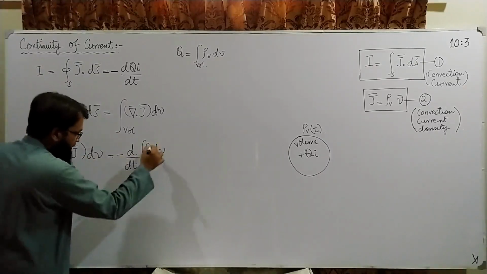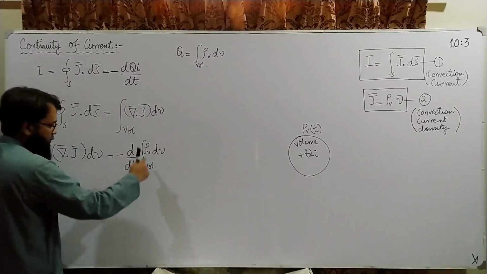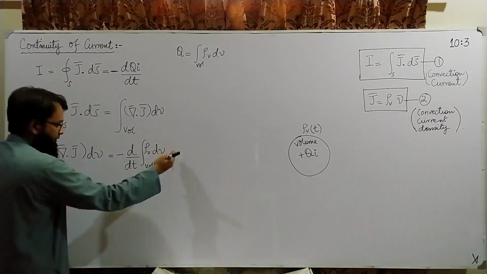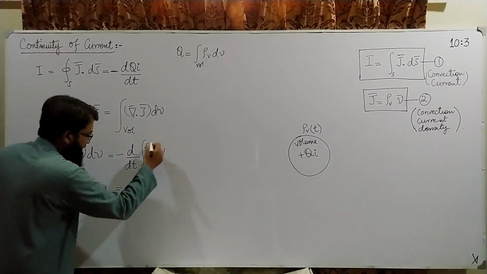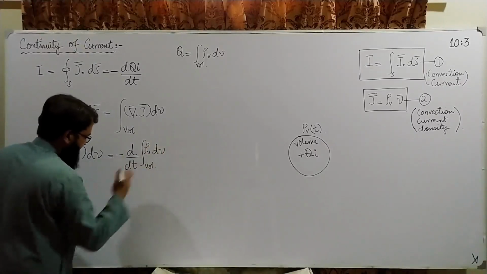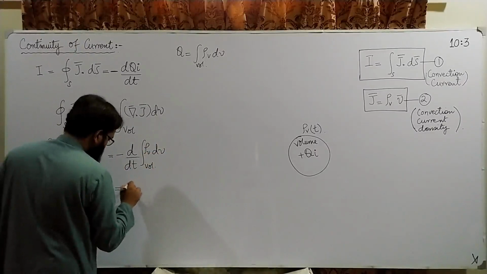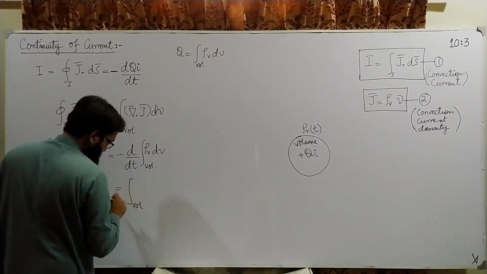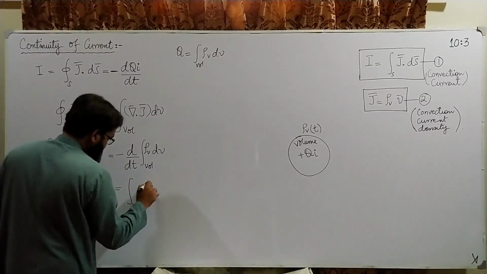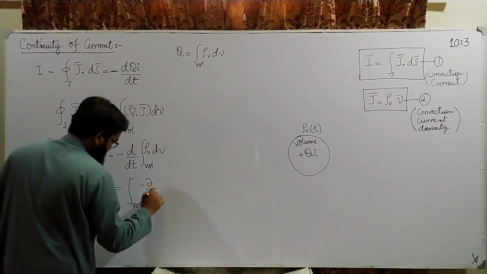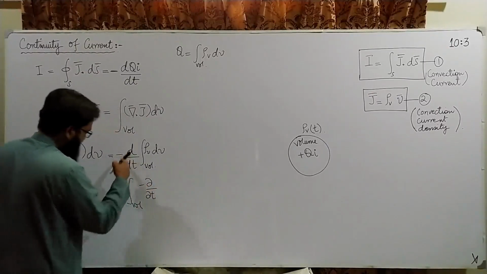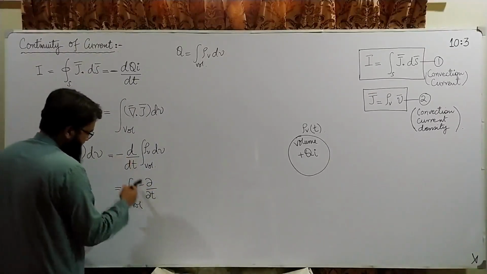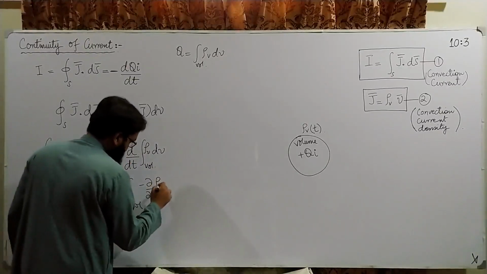Since volume is not changing with respect to time, time is a constant for this integral, so I can take it inside. So I'm taking it inside of the integral sign. While taking it inside, I'm also converting this normal rate of change into a partial derivative.